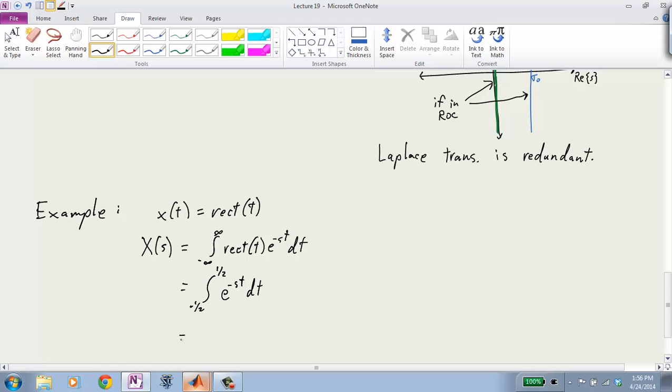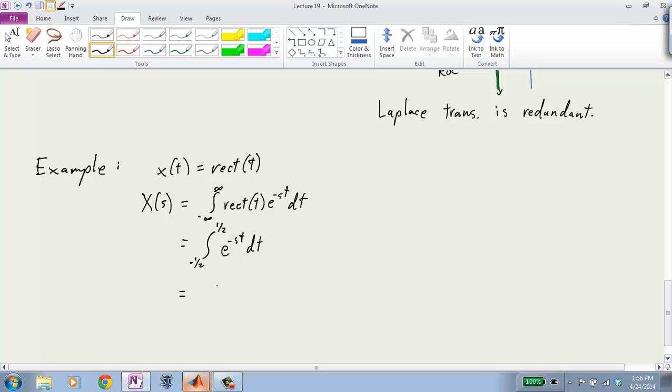which equals 1 over s times the endpoints subtracted from each other. So e to the, I guess it's minus s over 2 minus e to the s over 2. Is this correct?